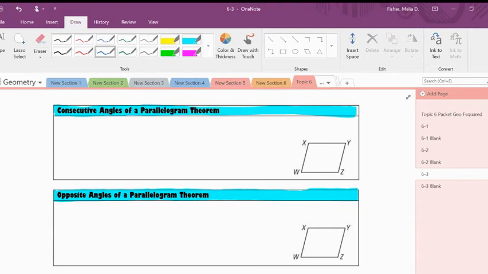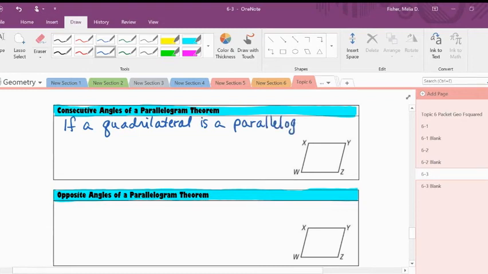Let's formalize what we have just learned. If a quadrilateral is a parallelogram, then its consecutive angles are supplementary.